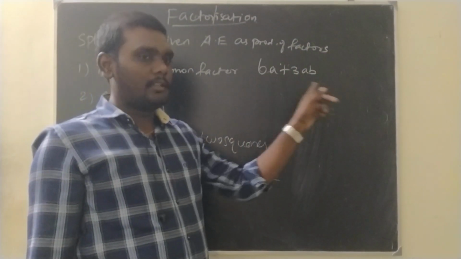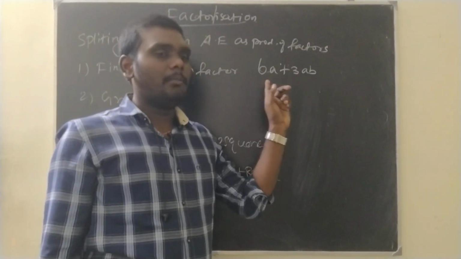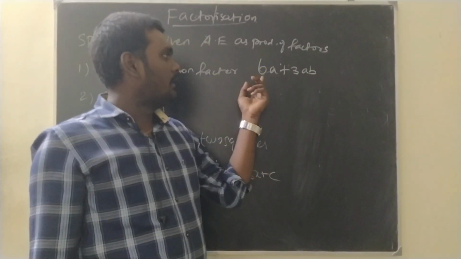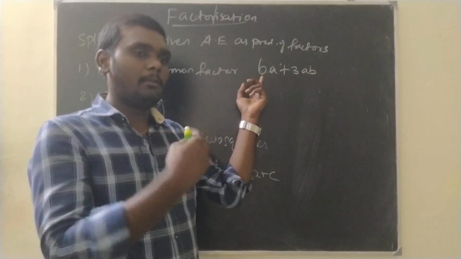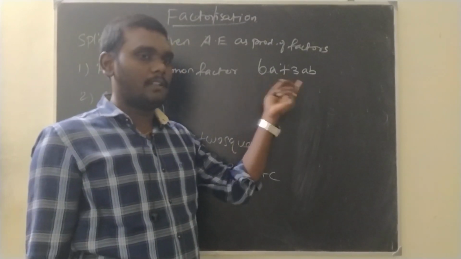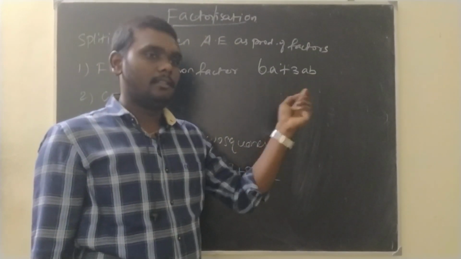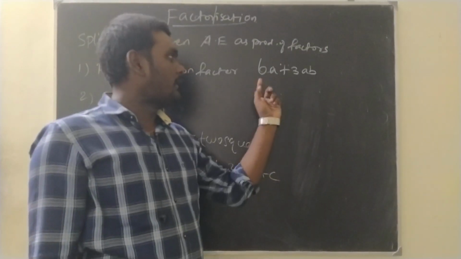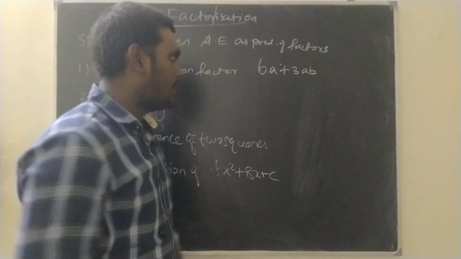First, identify the terms. Look out for a common factor. Like first we will investigate the numbers, then we will investigate the variables. So, here 6 is there, 3 is there. What is the common factor?